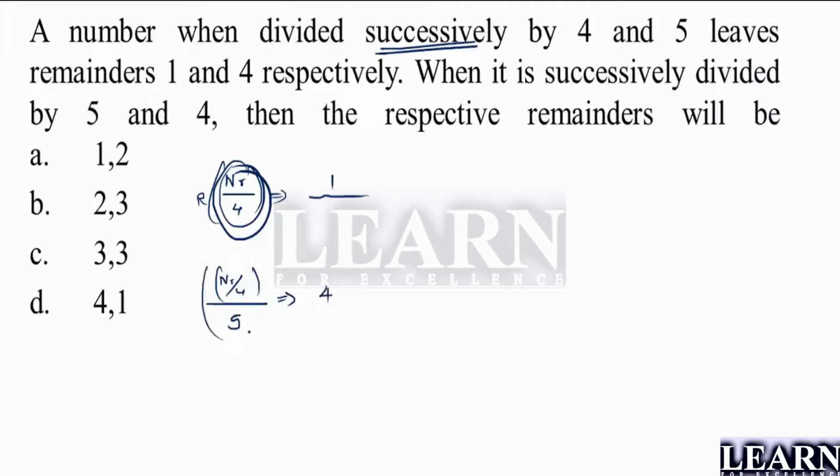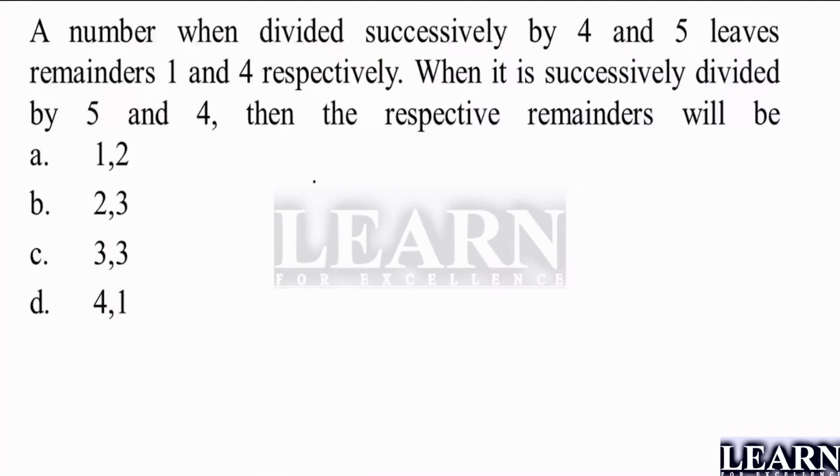How are you going to tackle this? I'll write this question in the general form of equations. They are talking about successive division. I'll take the number as n. n equals pq plus r, where p is 4 here, so n equals 4 into q plus r, and the remainder is 1.